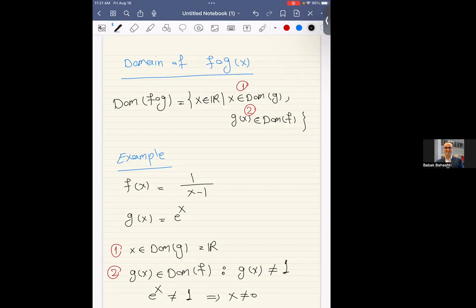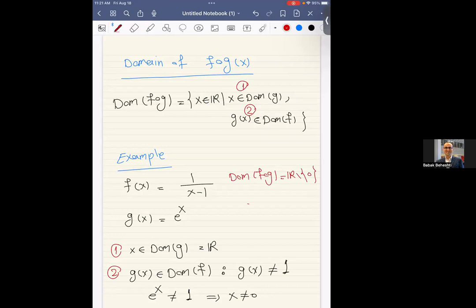Okay, so the first condition basically doesn't give you any restriction, but the second condition gives you just one restriction. X is not 0. So in total, the domain of FOG in this example is all numbers except 0. So here, R minus 0 means you remove 0 from the real numbers.